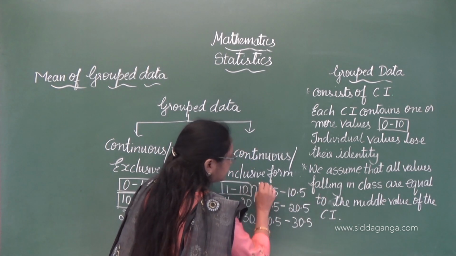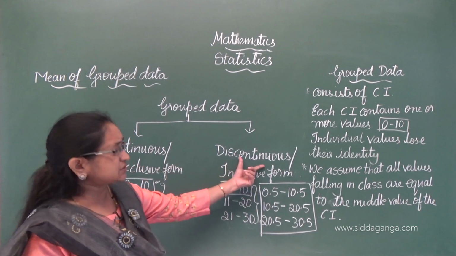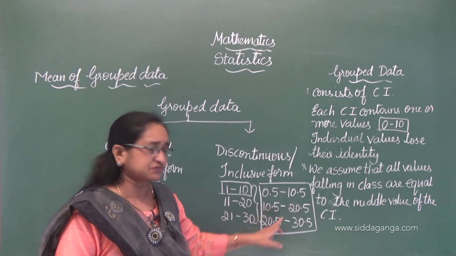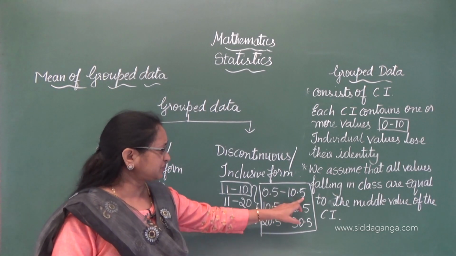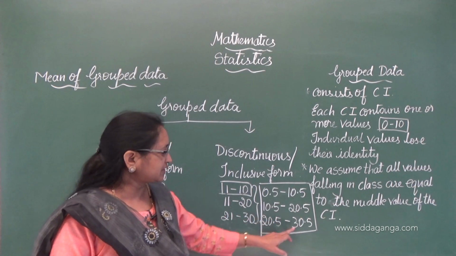Like this we can convert the discontinuous form to continuous form. We got the continuous form here: 0.5 to 10.5, 10.5 to 20.5, 20.5 to 30.5.